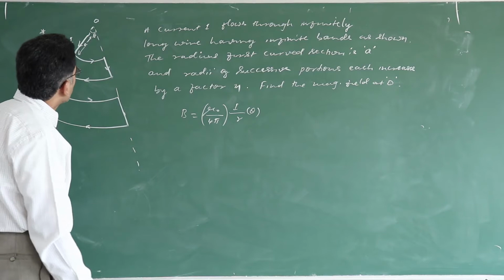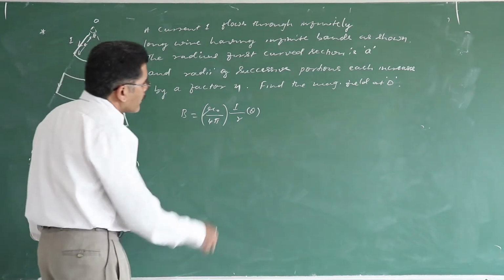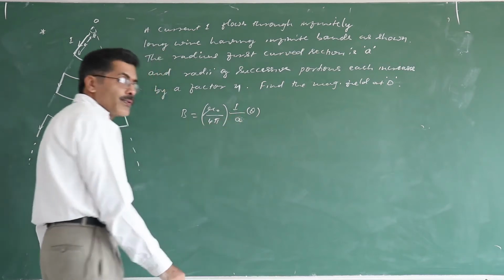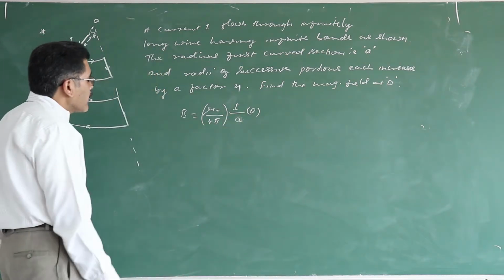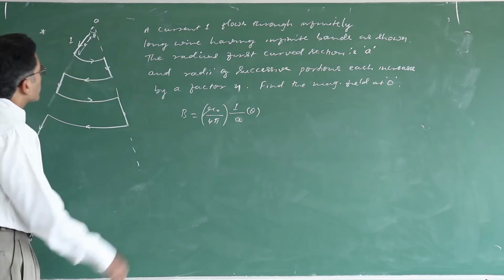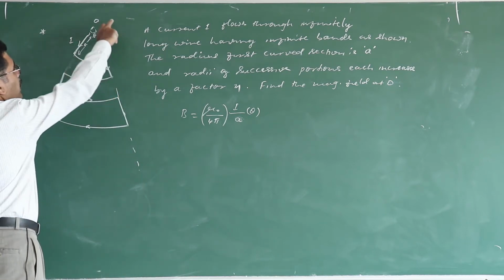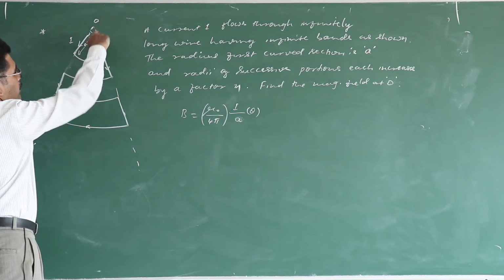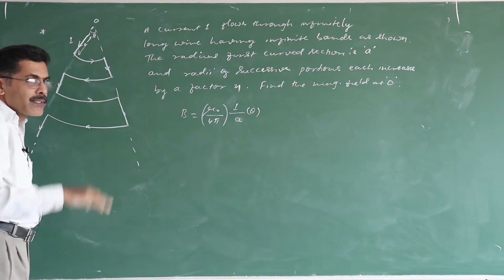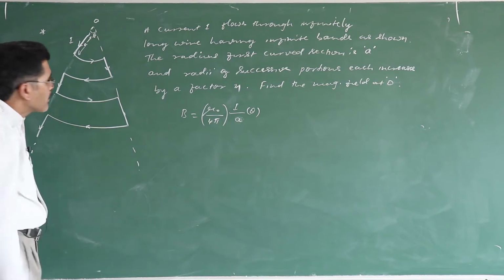In the place of R, here I must use A. So let us take the net magnetic field. Here current once goes in the anti-clockwise direction, then clockwise, then anti-clockwise. Therefore the magnetic field is plus minus like that.